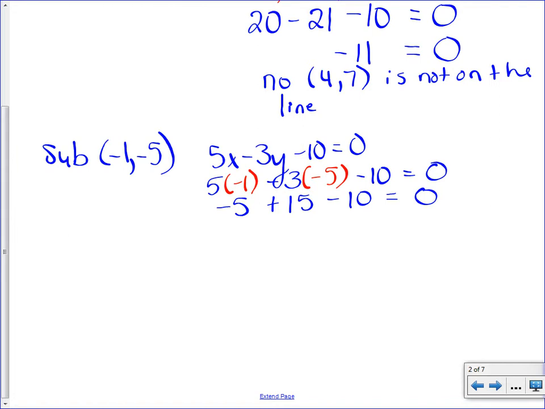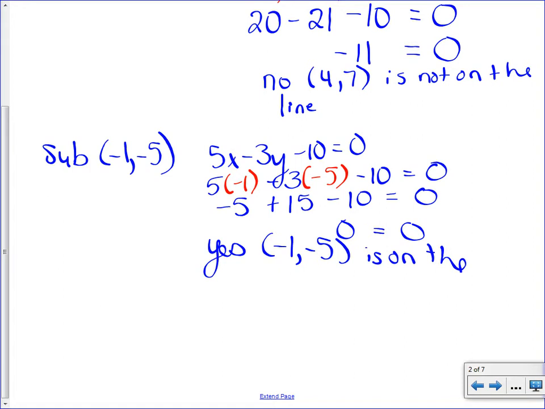So then how does this simplify, Billy? Yeah, so is this point on the line? Yes. So we would then write yes, negative 1, negative 5 is on the line, because left side equals right side. Are we okay with that?